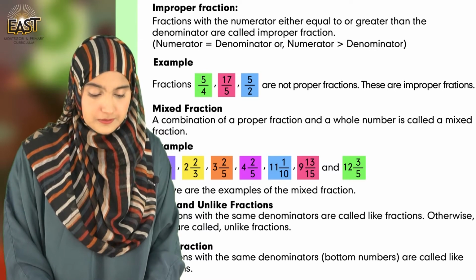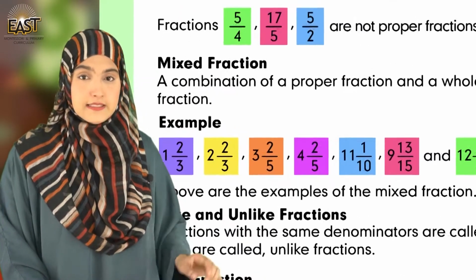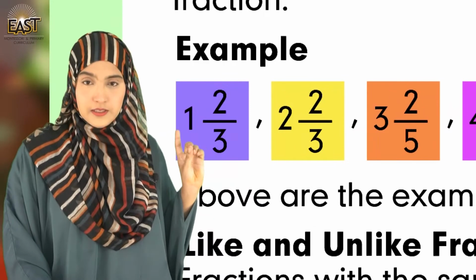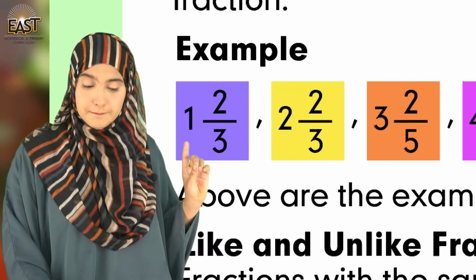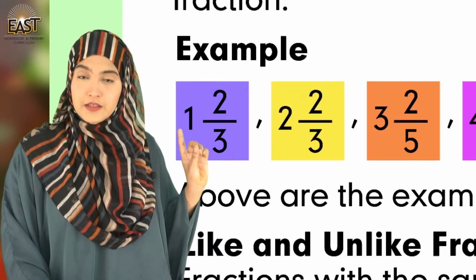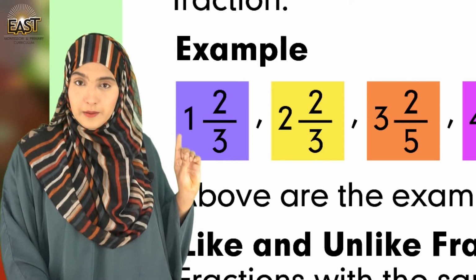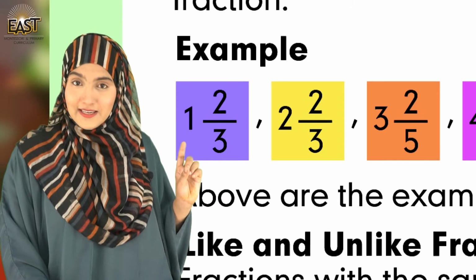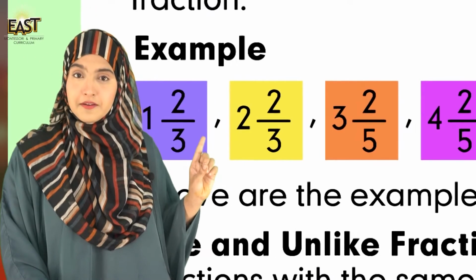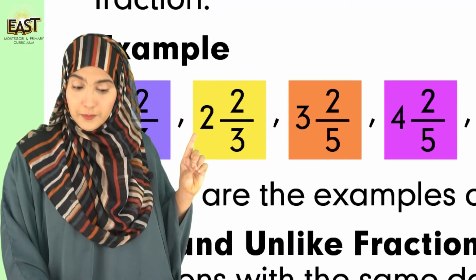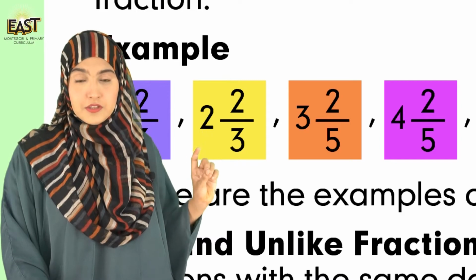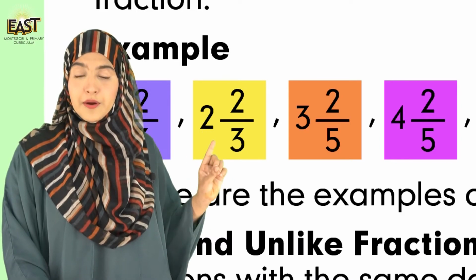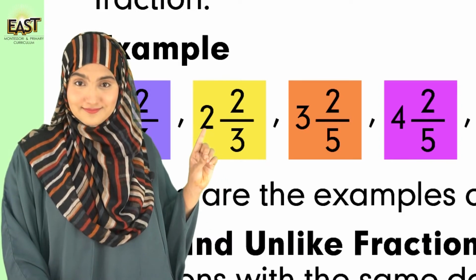Now look at the examples which are given here. 1 2 upon 3. You can see here it is a whole number with a proper fraction 2 upon 3, right? Very good. We have another example, 2 2 upon 3, which is a whole number and a proper fraction. The denominator is greater than the numerator. Easy.